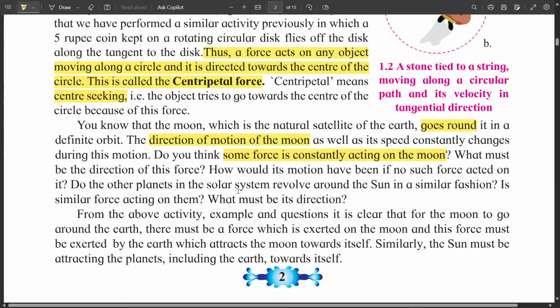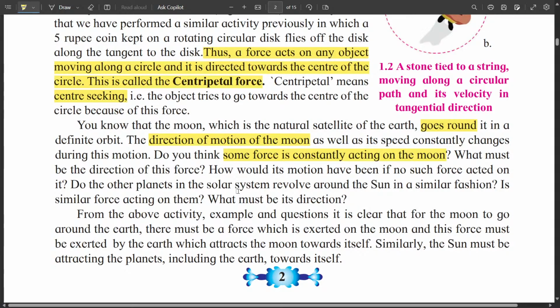As we have seen, whenever the direction of motion changes, there is a change in velocity. And whenever there is a change in velocity, there is an acceleration. And acceleration is always caused by a force. So there must be a force acting on the moon which is continuously changing its direction.